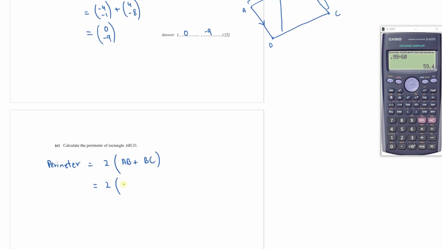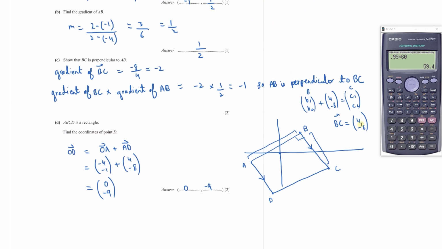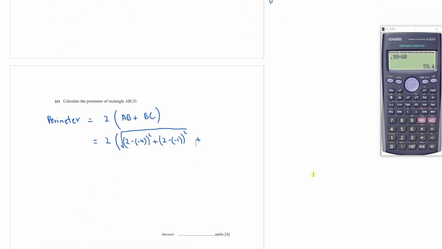So this will be 2 minus -4 squared plus 2 minus -1 squared, and then whole under root. So this is the length AB. Plus length BC is simply the magnitude of this vector 4 minus 8, so this will be simply 4 squared plus -8 squared, whole under root.